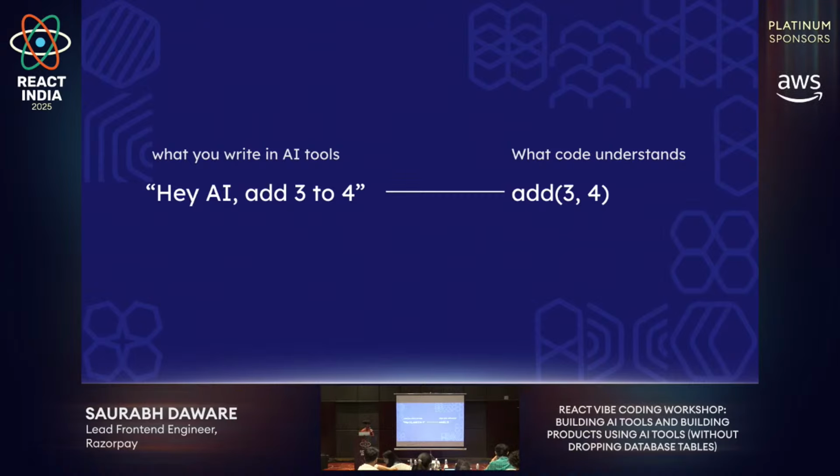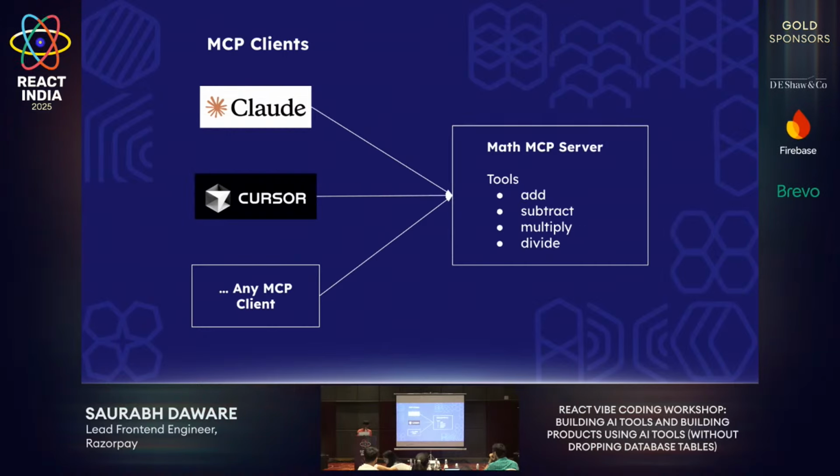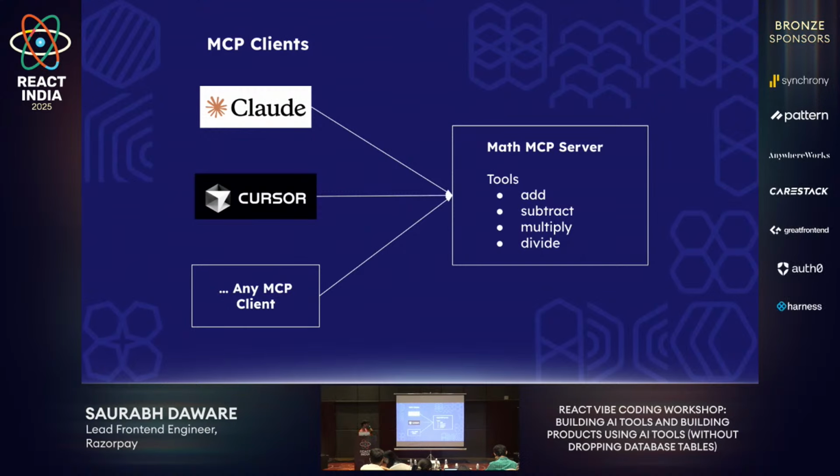MCP is a standard way of creating these functions. It's a standard way of creating something that we call tools. So add, for example, is a tool here. Let's say you have a math MCP server, an MCP server that does math operations. Now you would have tools like add, subtract, multiply, divide.